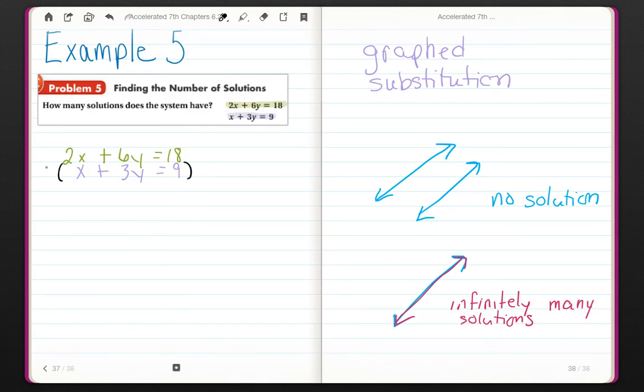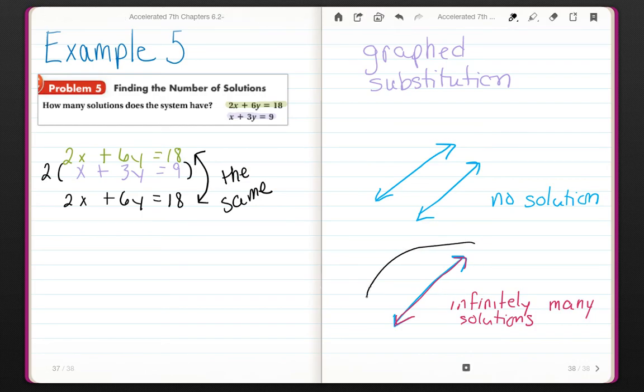If I multiply this bottom equation times 2, I come up with 2x plus 6y equals 18. These two equations are now exactly the same. So without doing any more math, I know that they are the same line and have infinitely many solutions.